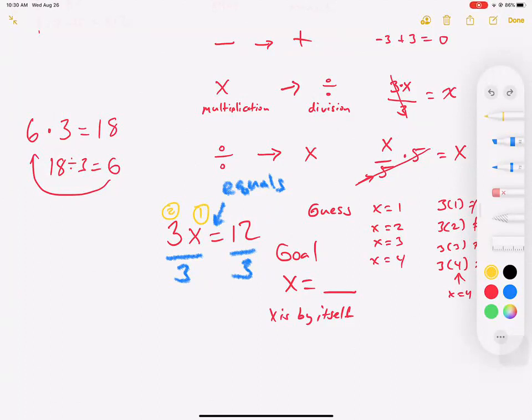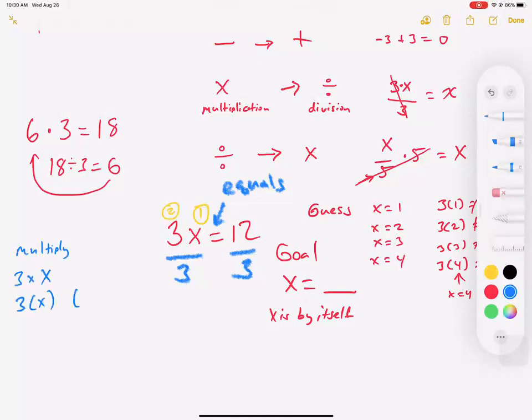3 is multiplying. There are a couple ways of writing multiplication. Again, we're kind of reviewing at the same time. When we're multiplying, you can write it as 3 times x. But this is super confusing, because why do we have x there? We can write 3 parentheses x.